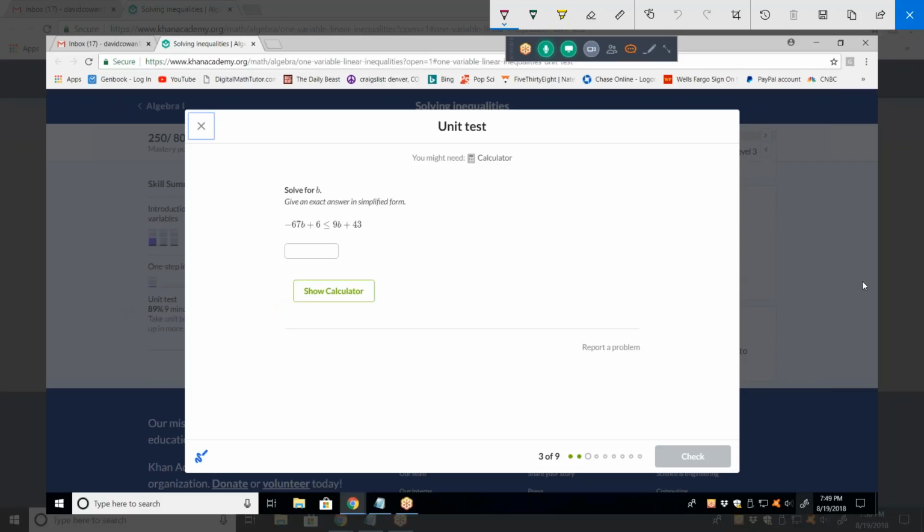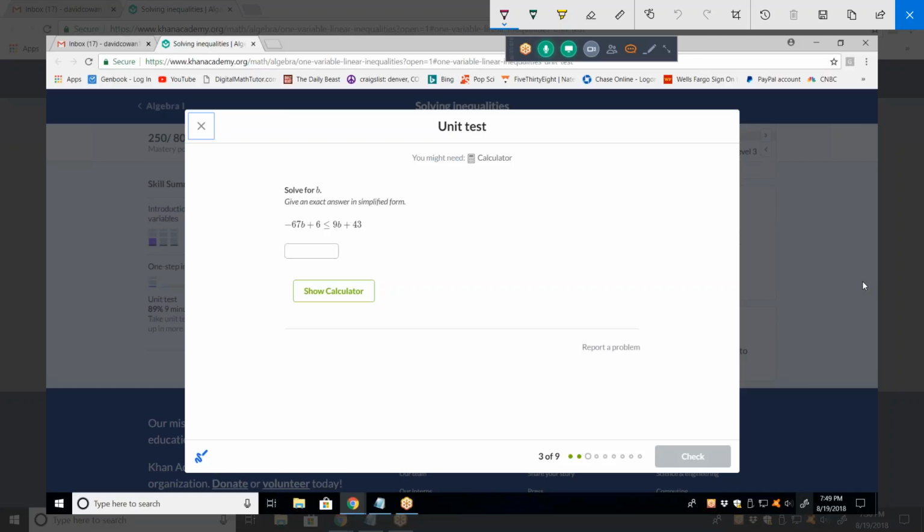Next line. Well, first of all, which side is your B going to be on? Well, they'd be on the left. I'd say so. Whenever you have a variable, keep it on the left when you're dealing with inequalities. Don't worry about whether its coefficient is positive or negative, because it's more confusing if it ends up on the right than having to switch the sign by dividing by a negative.